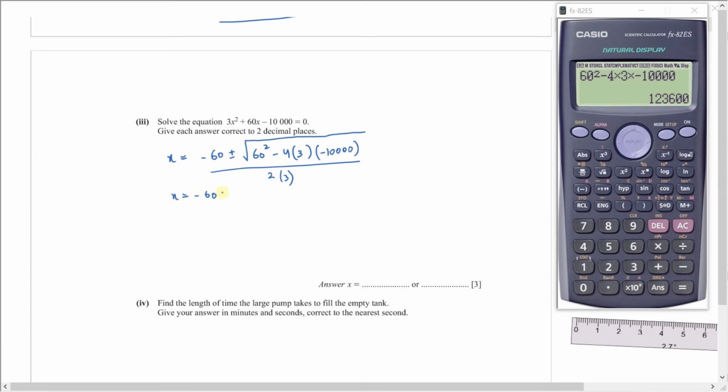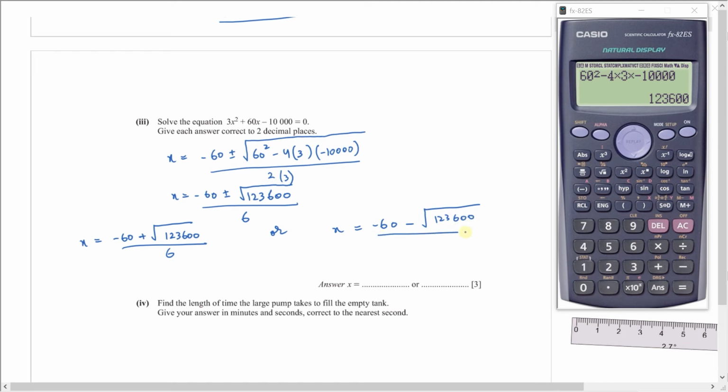So x equals minus 60 plus minus square root of 123,600 divided by 6. So x equals minus 60 plus square root of 123,600 divided by 6, or x equals minus 60 minus square root of 123,600 over 6.